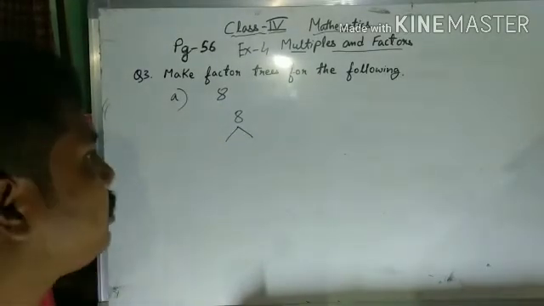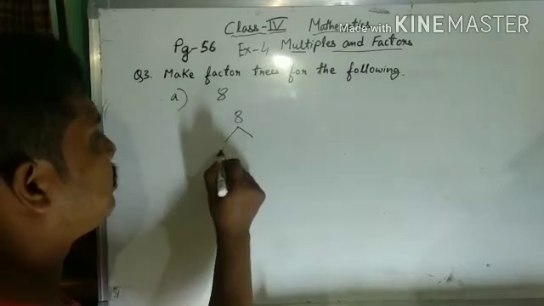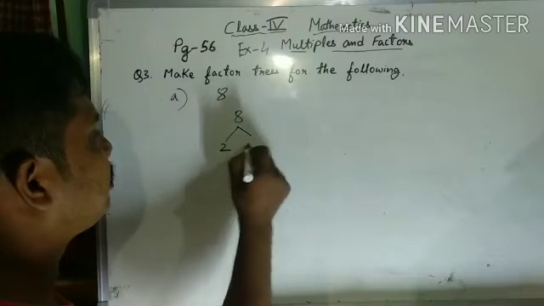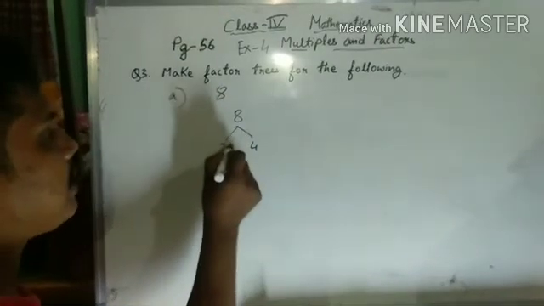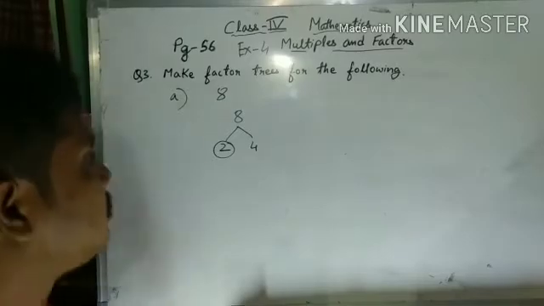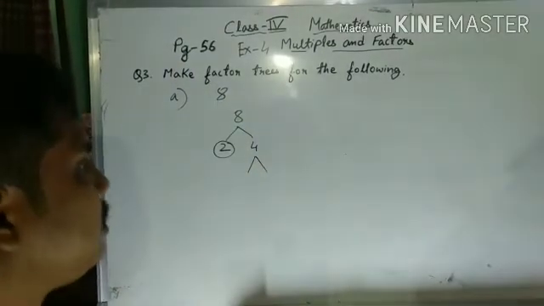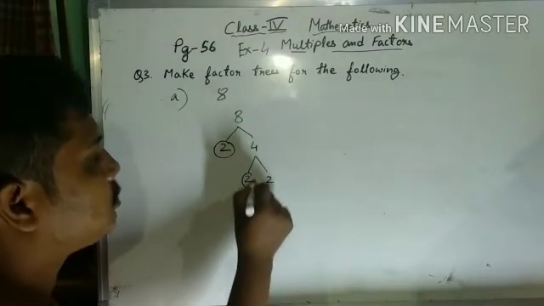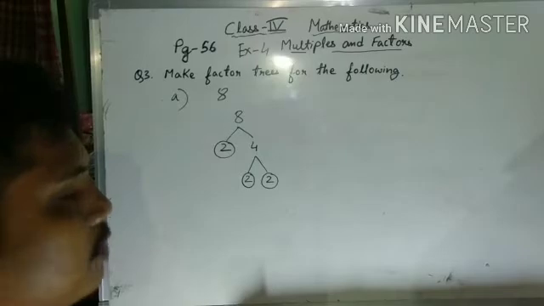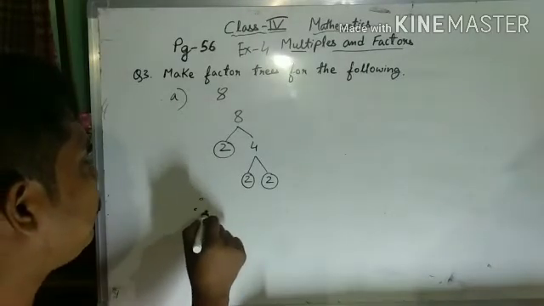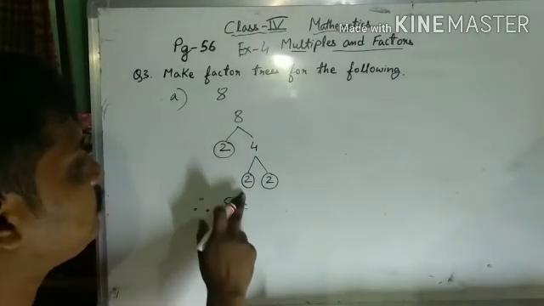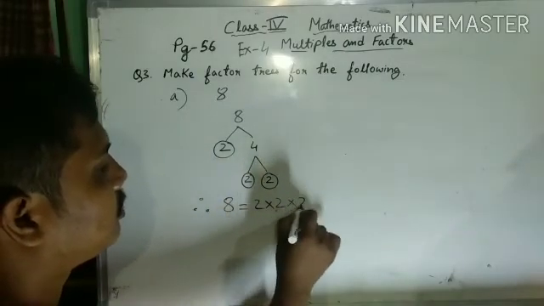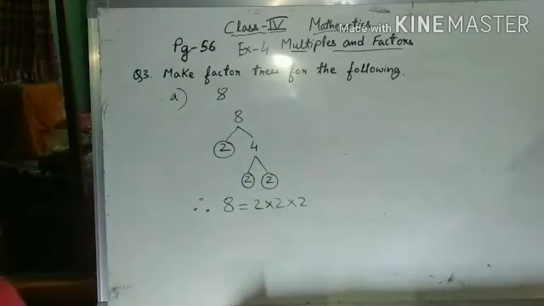So I am taking 2 fours are 8. 2 is a prime but 4 is not a prime, so again we have to do this. For 4 we can write 2 twos are 4, 2 is also prime, this is also prime. So our factor tree is finished. Therefore we can say that 8 is equal to 2 into 2 into 2. So like this you have to do.